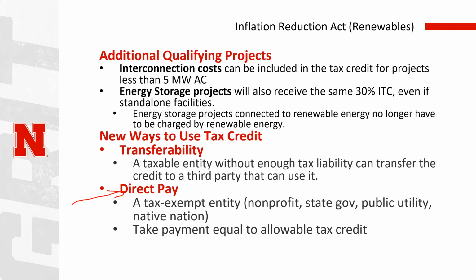And I think that's going to be interesting for Nebraska in a couple of ways, but the most important way may be that we now may see some of our public utilities opting to own and operate a solar or wind system, rather than buying the electricity from a private developer. Right now, before this, we've seen almost all buying from private developers because the private developer could get the tax credit. We now may see some public utilities interested in owning and operating their own.